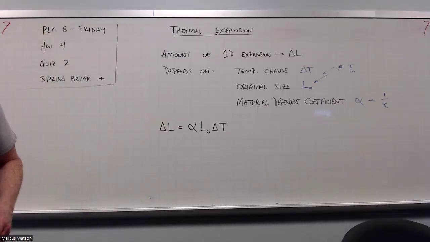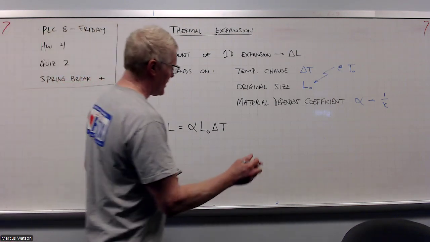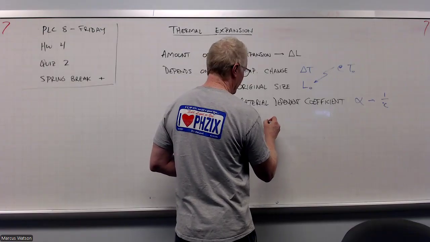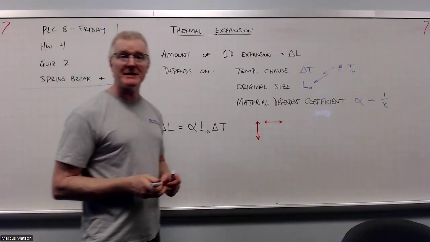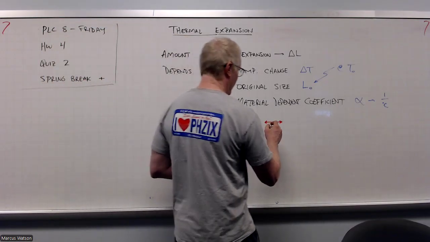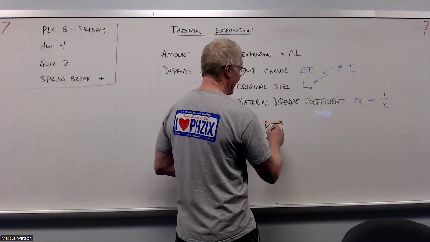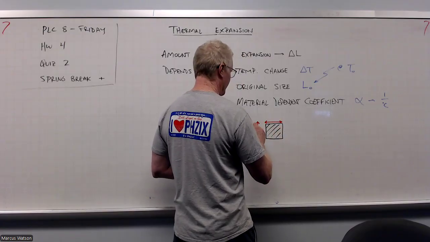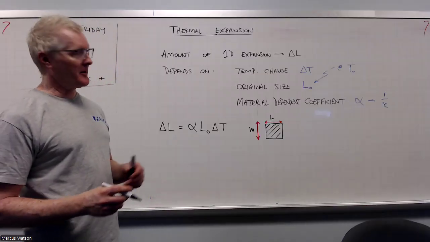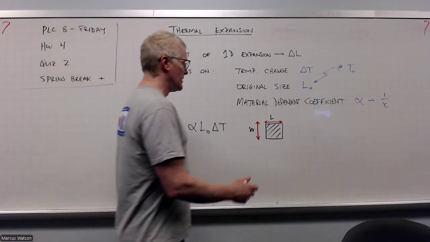Anyway, let's take a look at area expansion here. So it would be just a situation in which, for example, I could think of a linear increase that way and a linear increase that way, and I could multiply these two things together. So if I thought of a plate or something like this that has dimensions L and W, and I'm going to think about the expansion of the area, I'm interested in how much more area is there going to be.